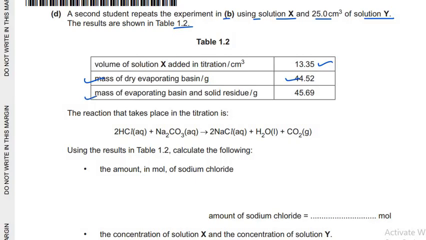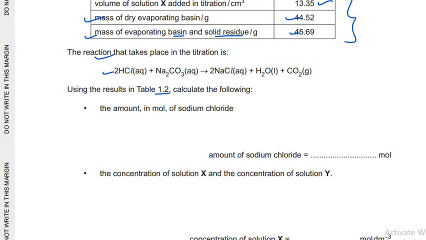And mass of the evaporating basin plus solid residue is 45.69. Okay. The reaction that takes place in the titration is also given here. Using the results in table 1.2, that is the table given here, calculate the following. So let's go ahead, calculate the amount in moles of sodium chloride.